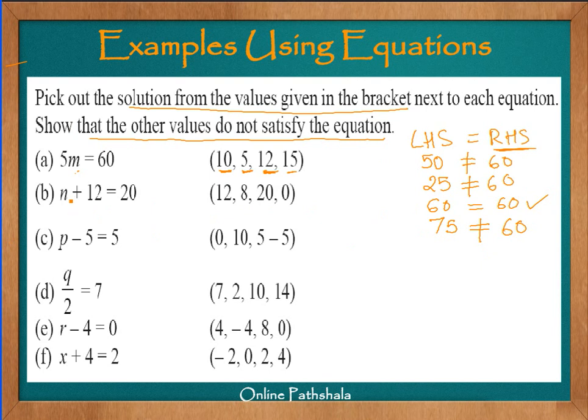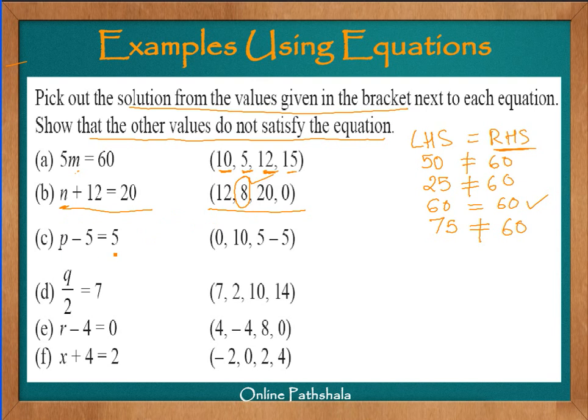What is the value of n which when I add to 12 would give me 20? Mentally, 12 plus 8 gives me 20, therefore n equals 8 must satisfy the equation. If we have a look at the four values here, we find 8. So 8 is the solution of this equation, n plus 12 equals 20.